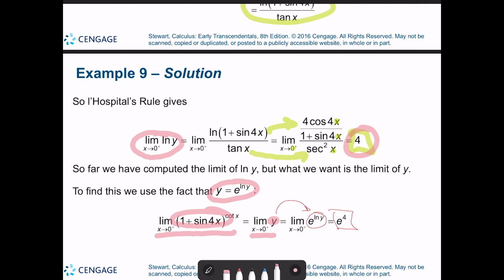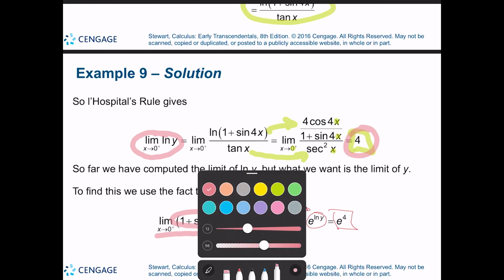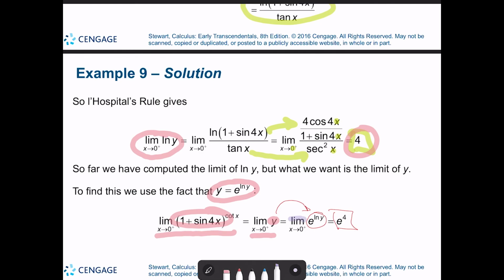Are you telling me somehow that the limit as x approaches 0 from the right of the natural log of y is equal to 4? If you look up to the middle of the screen, I'm going to answer that question by saying yes, the limit as x approaches 0 from the right of the natural log of y is equal to 4. Absolutely. There's the left side. There's the 4 on the right-hand side.